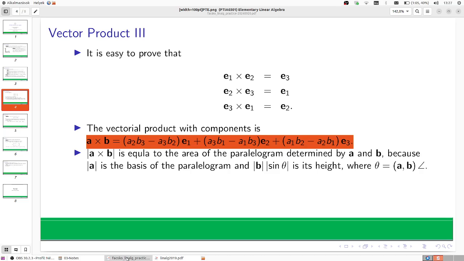Everyone's handwriting is nicer than mine. So we have the length.